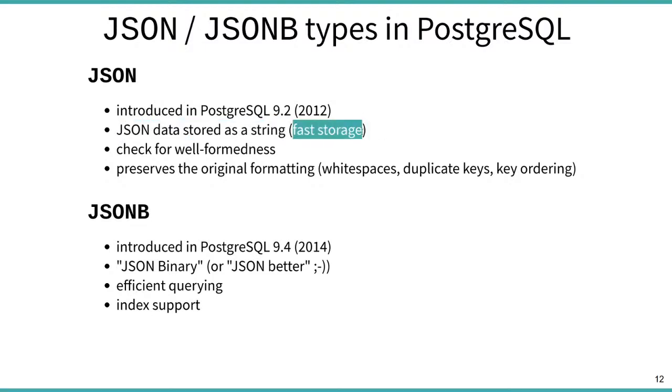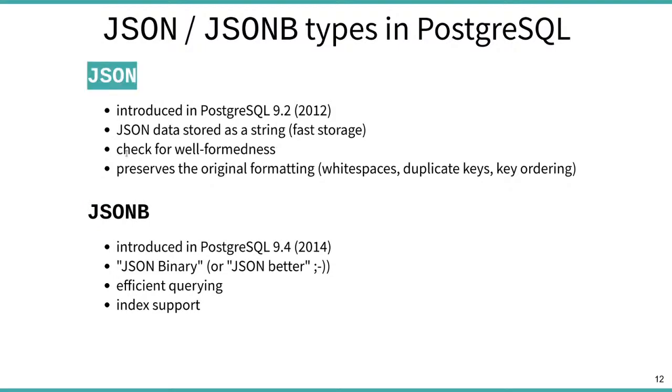The benefit is if you insert JSON data, it's just inserted as it is. This is very fast. When you insert data into a JSONB column, it is first of all parsed and then stored in a binary format. So storing is a bit slower for JSONB columns, and for JSON it's faster.